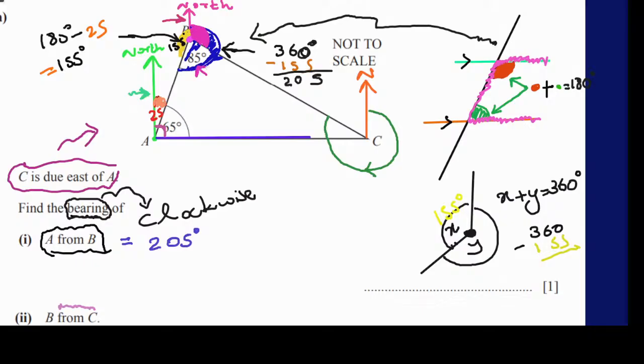So what would this pink angle be? From 205 we subtract the 85. Then what do we get? We get 120. So this pink angle's value is 120.